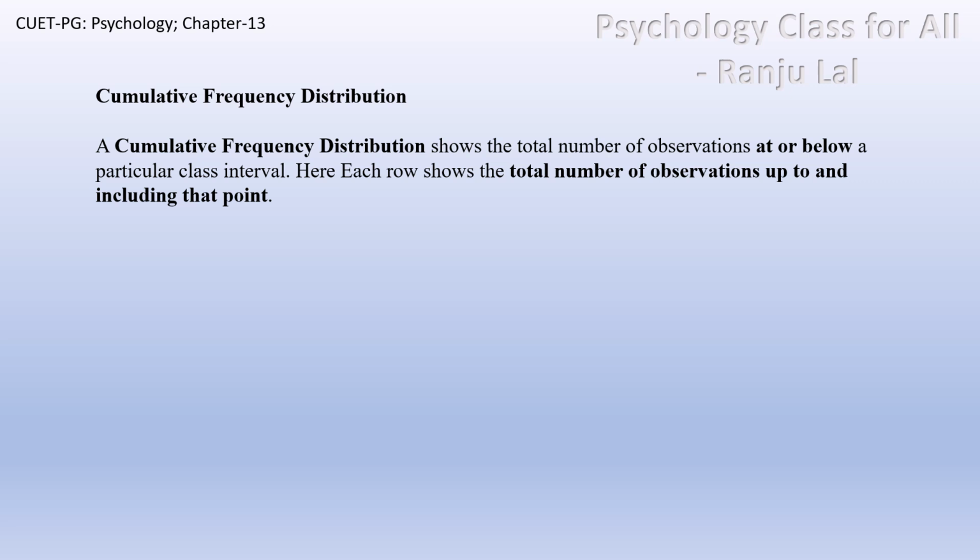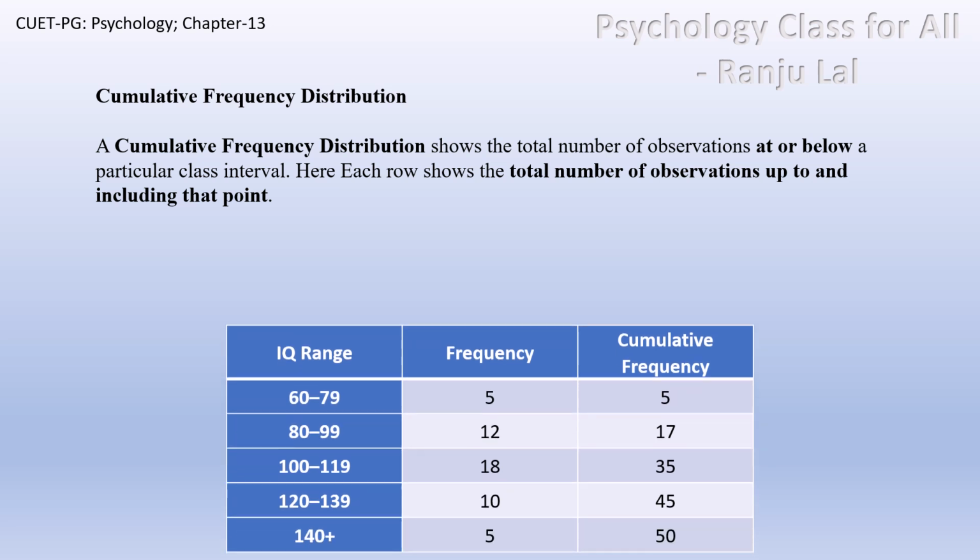It helps in determining percentiles, medians, and quartiles. Types of cumulative frequencies are less than cumulative frequency, which shows the total number of observations at or below a given class, and greater than cumulative frequency, which shows the total number of observations above a given class.